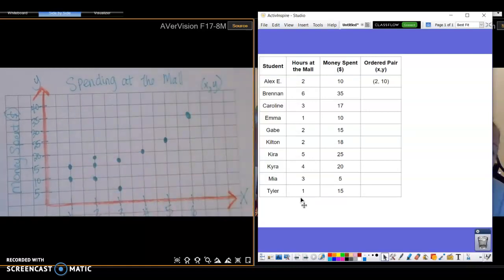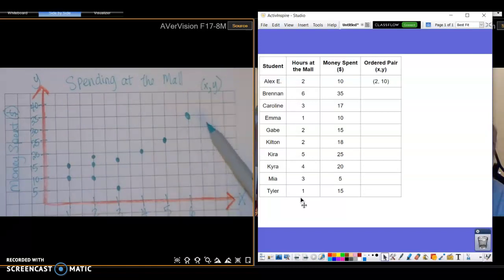As you can see, there's not a straight line made by all of these pieces of information, but you can gather some information. A lot of you that responded on Google Classroom said that the more time you spend at the mall, the more money you're probably going to spend. Some of you just want to go in the mall, buy your stuff, and come out.